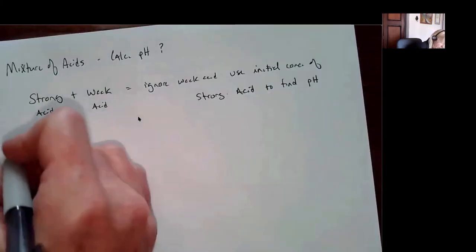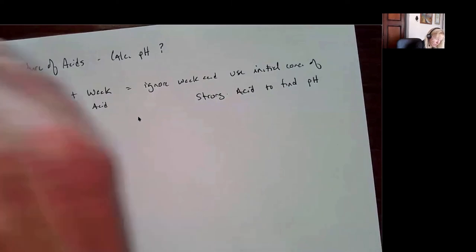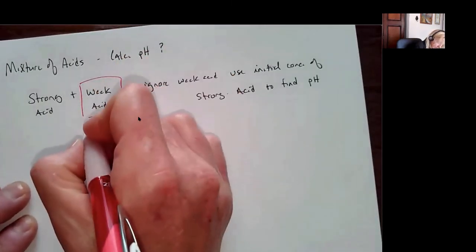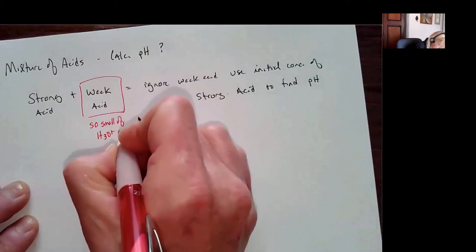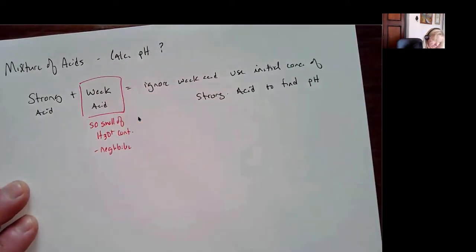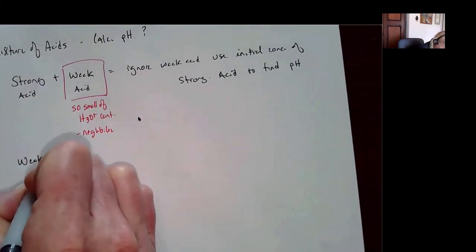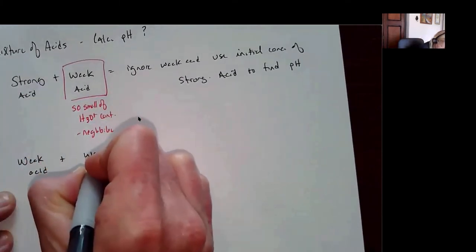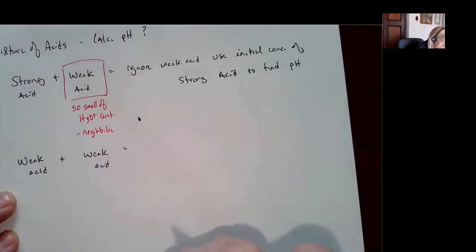This is the easiest one because I can basically ignore what's happening with the weak acid, since it has such a small H3O plus contribution that it is negligible. But if I have a mixture of a weak acid plus a weak acid, now I can't ignore either one because the pH is coming from the weak acids.